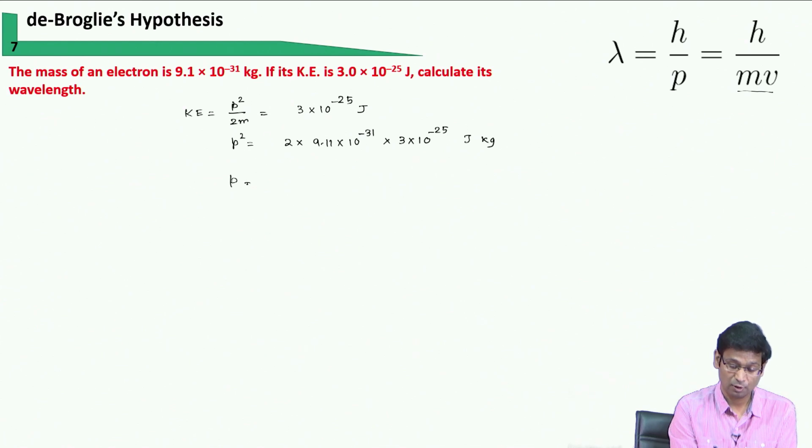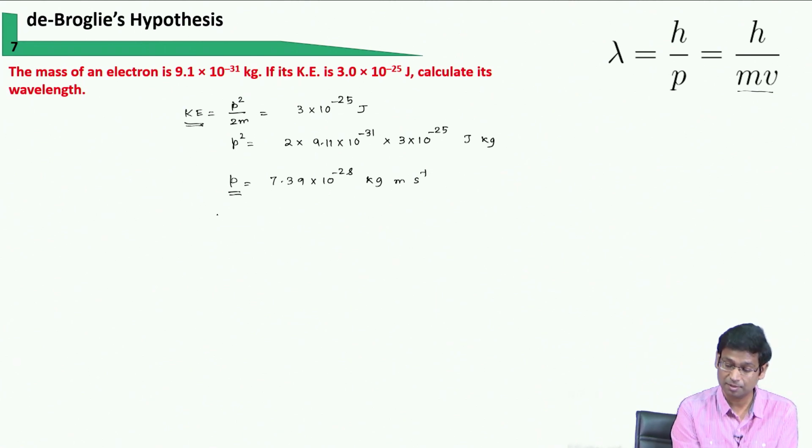Therefore, I will get p as the square root of this quantity, and the p that would come out to be is 7.39 into 10 to the power minus 28 with the unit of kilogram meter second inverse. So, now I got the momentum of this particle from the kinetic energy. If I know the kinetic energy, I get the momentum because I already know the mass of this particle.